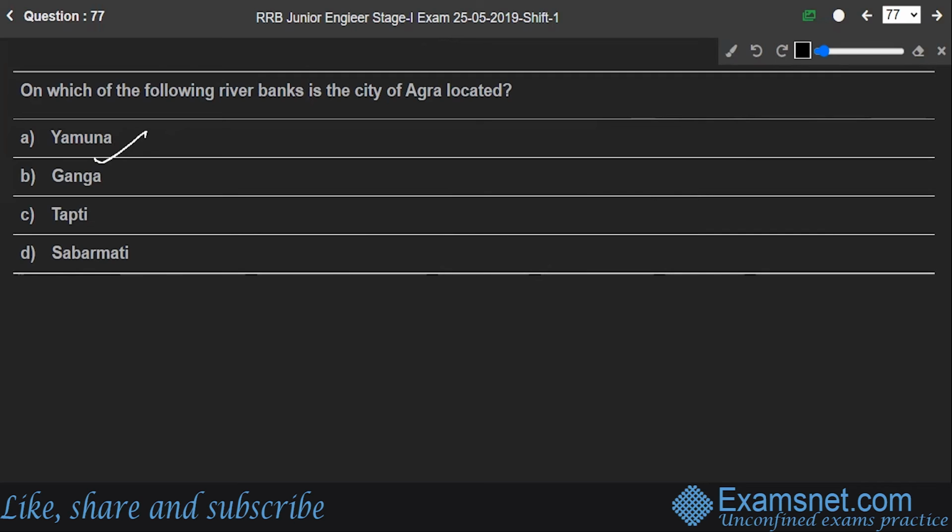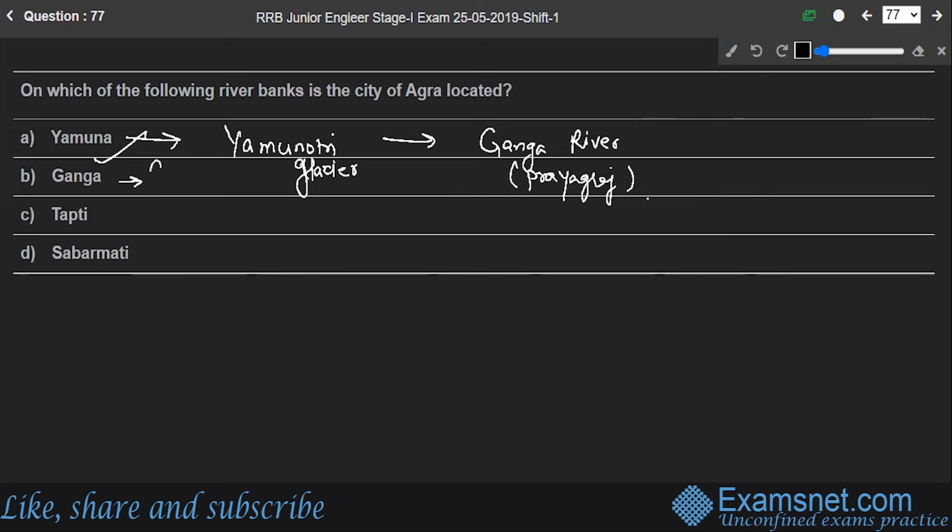It starts from Yamunotri Glacier and ends in the Ganga River at Prayagraj. Whereas Ganga starts from Gangotri to the Bay of Bengal.